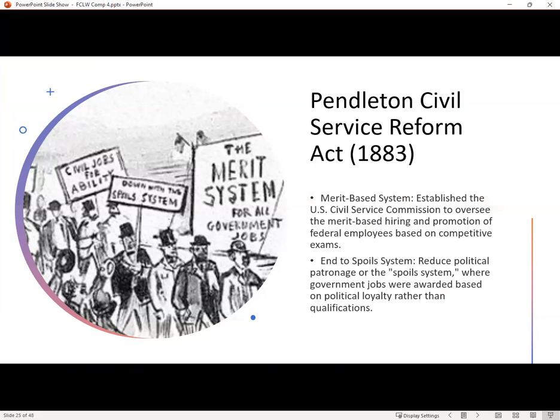Or I'll do this for you and you do this for me and you guys vote for me. And it was becoming what they called the spoils system. And so they wanted to have some people in federal government based on merit. Could they do the job? So they were giving competency exams to the people in order to have a federal job. So it's not all jobs, but federal jobs. So this was a way to stop corruption.